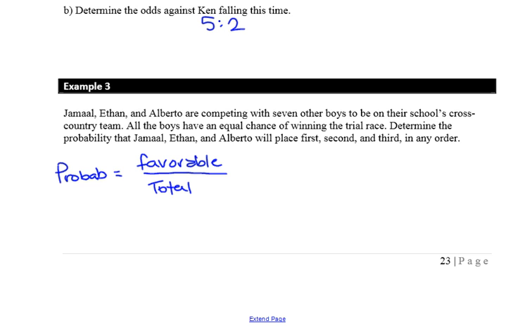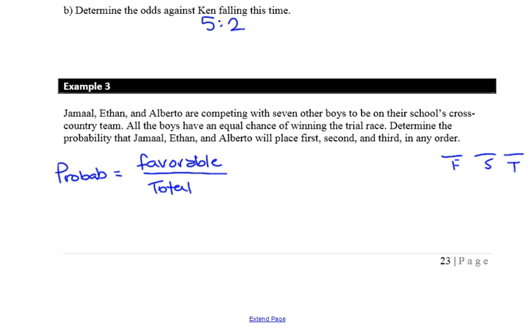So the first thing we want to figure out is how many ways can we make Jamal, Ethan, and Alberto come in first, second, and third. These are specific positions, so we set up spaces: first, second, third.